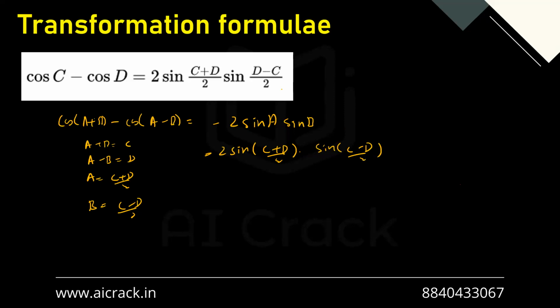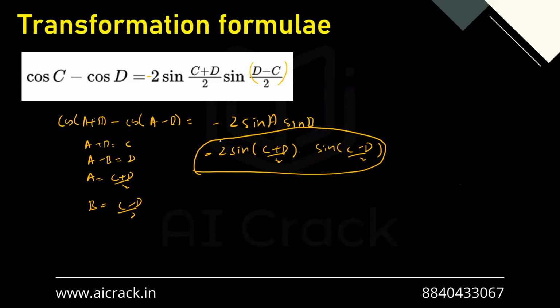But the trick over here is we have a minus sign. Sometimes they'll give the formula 2 sine (C plus D by 2) dot sine of (D minus C by 2). That's the same thing, because we can take a minus sign out from here and use it over here. I would prefer remembering this particular formula because the basic setup was minus 2 sine A sine B. Over there, we won't be remembering 2 sine A dot 2 sine of minus B. We won't be remembering that kind of formula, right?